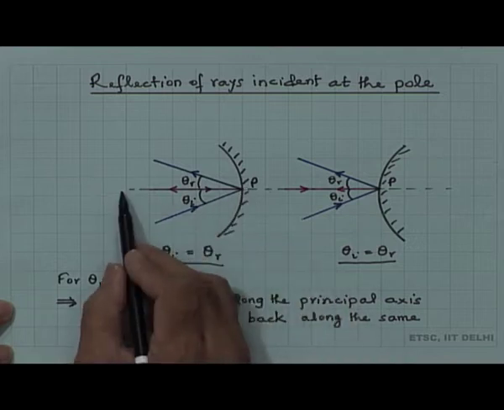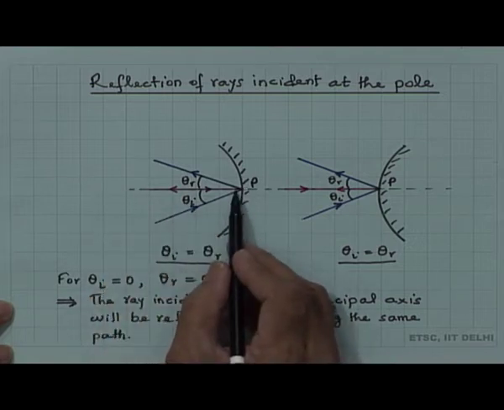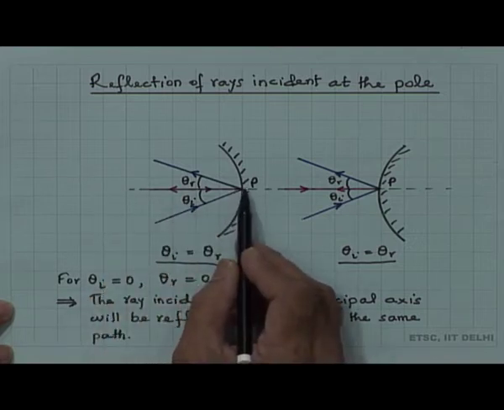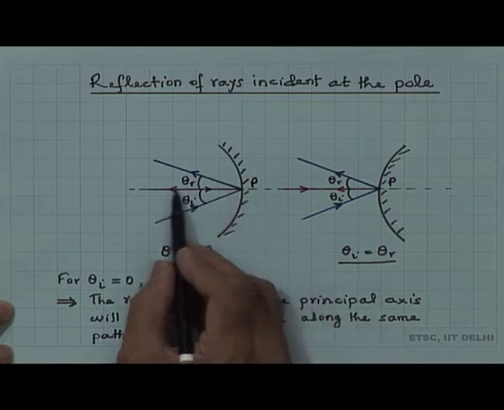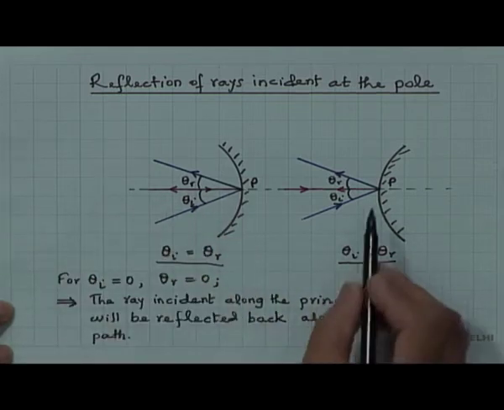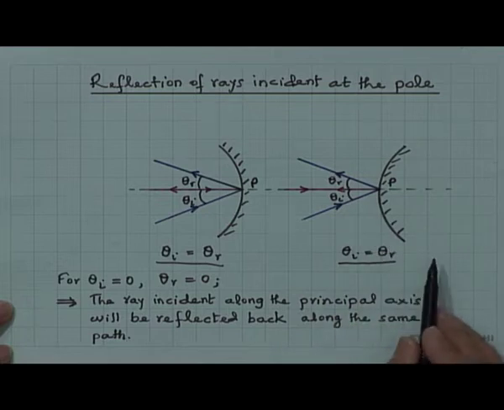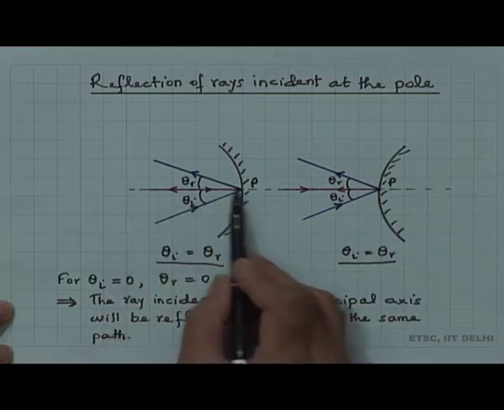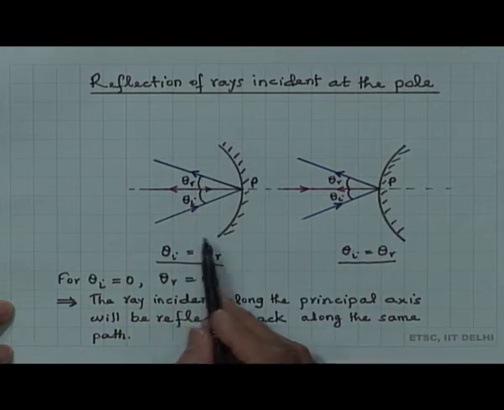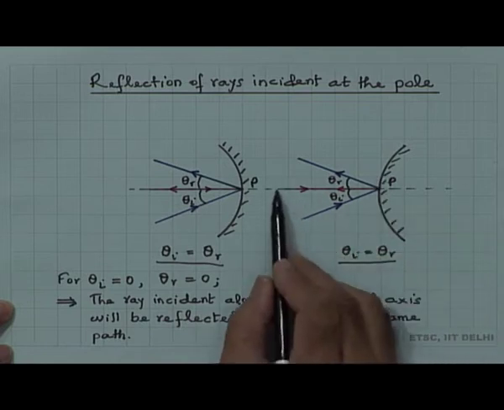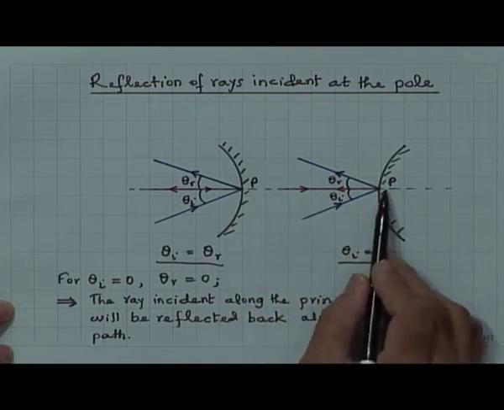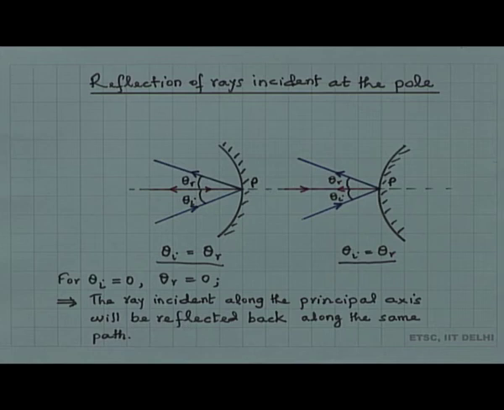Whenever a ray of light is incident along the normal, the reflected ray will also be along the normal. This is true for a convex mirror as well, and therefore, in both the cases of convex mirror and concave mirror, the reflected ray will be along the normal.